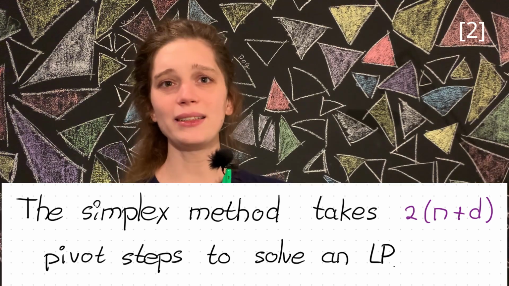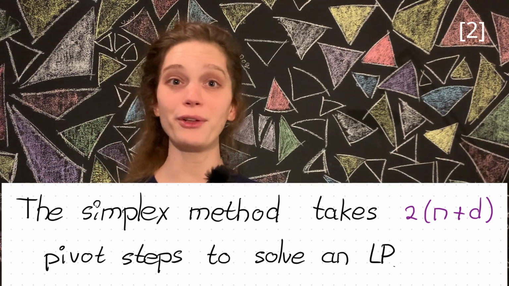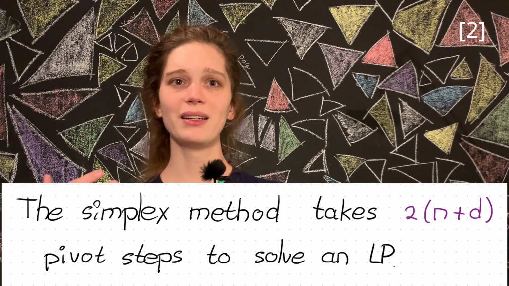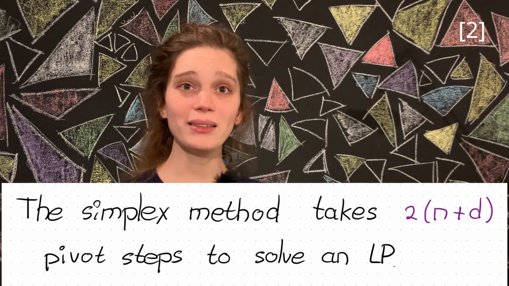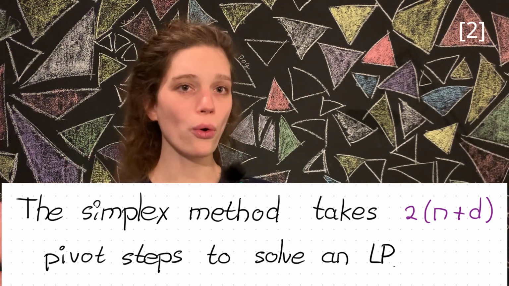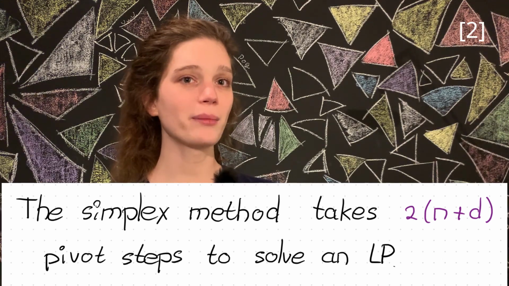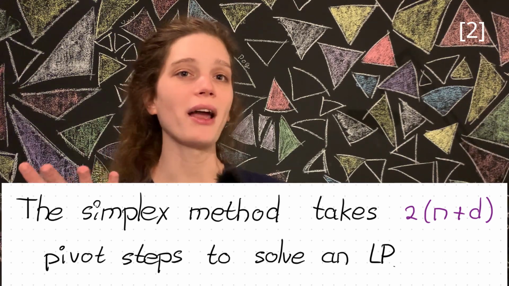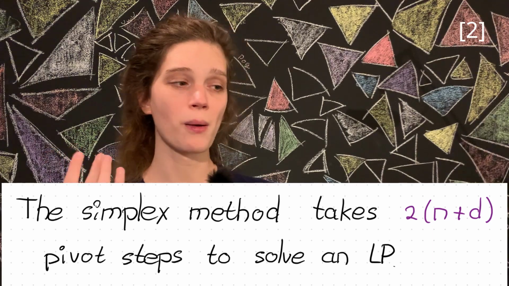And although this is a rule of thumb, it is a very, very robust rule of thumb. As far as I'm aware, there are no known practical linear programs that require even 5 times this number of pivot steps. And so naturally, theoretical computer scientists were asking, maybe we could prove that the simplex method requires a number of pivot steps that is linear in n and d.